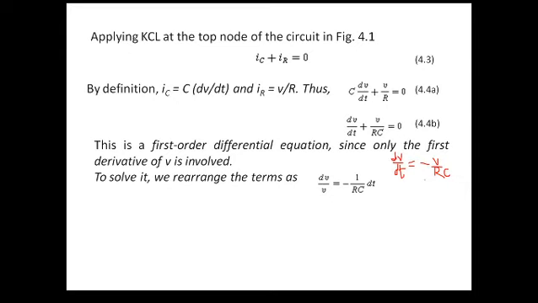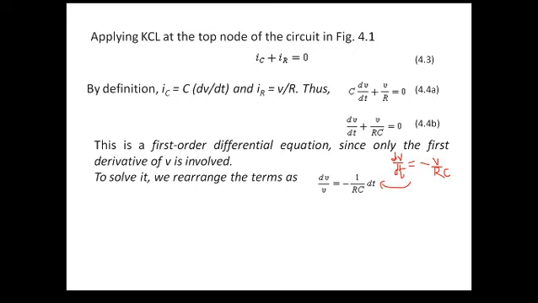Now this is the voltage, and this is also V. Converting to one side, dV by V equals minus 1 by RC into dt.